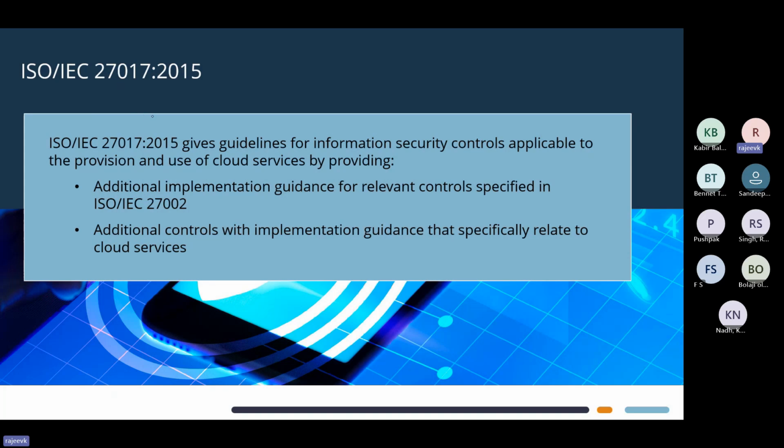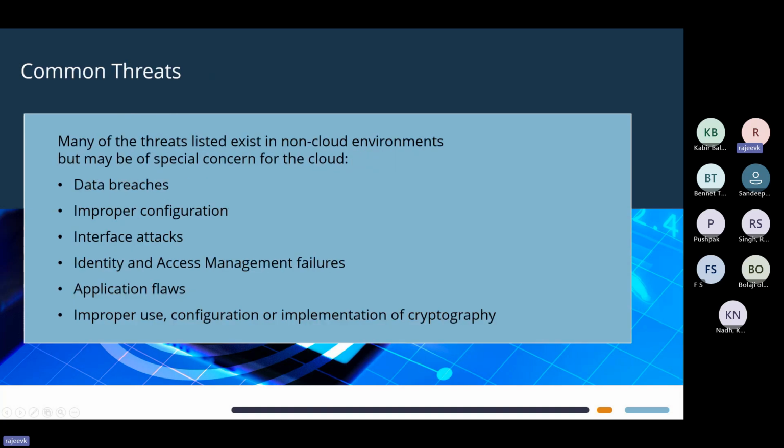Now, why will you implement 27017 or 27002? Because there are some risks we have, and we have to tackle those risks. There are some common threats, and you are going to fix them using the controls defined in 27017 and 27002.